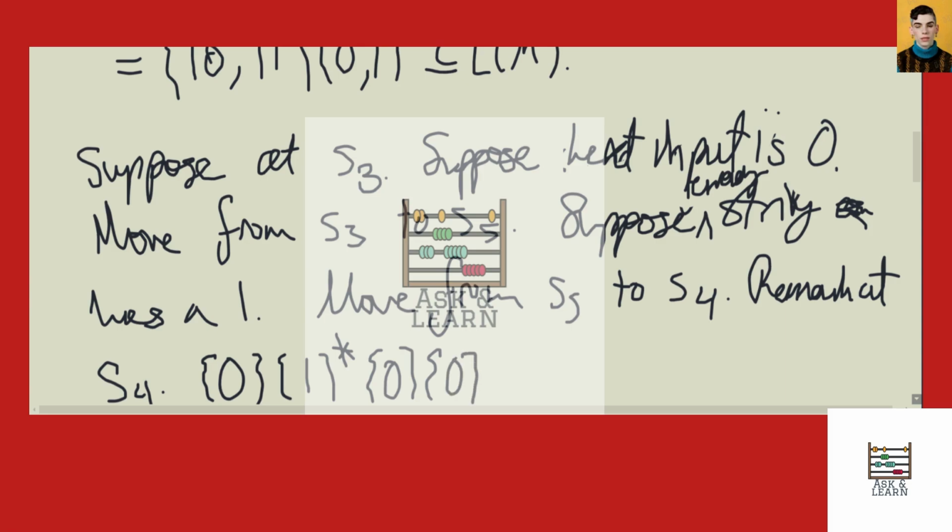So that's the one that takes us to S5. And we see at S5 we can have any number of zeros, so a 0 star. But then we have to also have at least one 1, so we'll add a 1. And that takes us to S4, and we see that at S4 we can have any string remaining, so 0, 1 star.